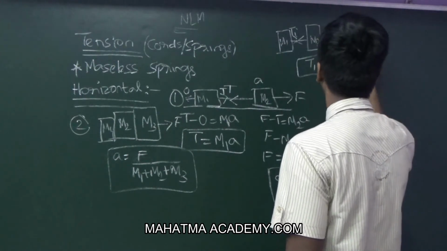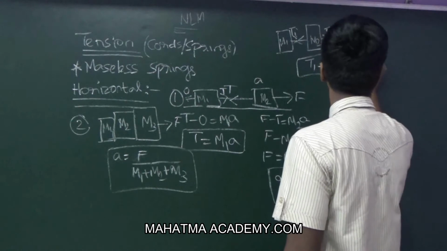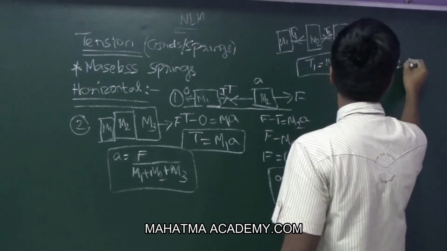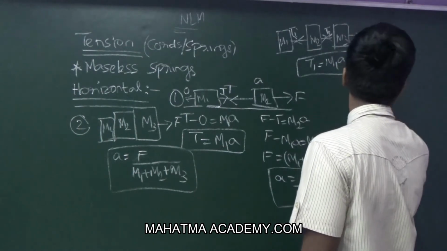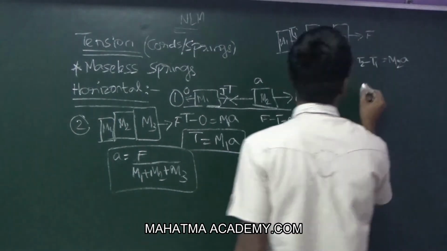Now for the second, T2 minus T1 is equal to m2a.